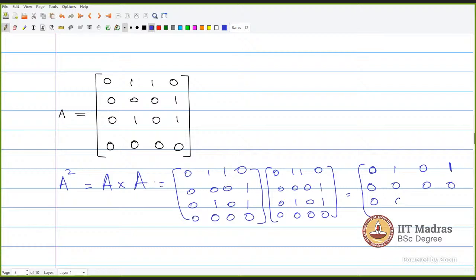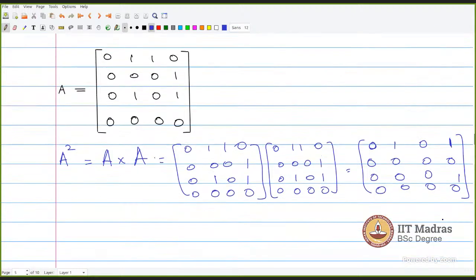Correct me if I am going wrong. 0, 0, 1, 0, 0, 0, 0. Okay. So I will get a new matrix A square where the entries are again 0 and 1. We made it 0 and 1: any other number we made it 1.